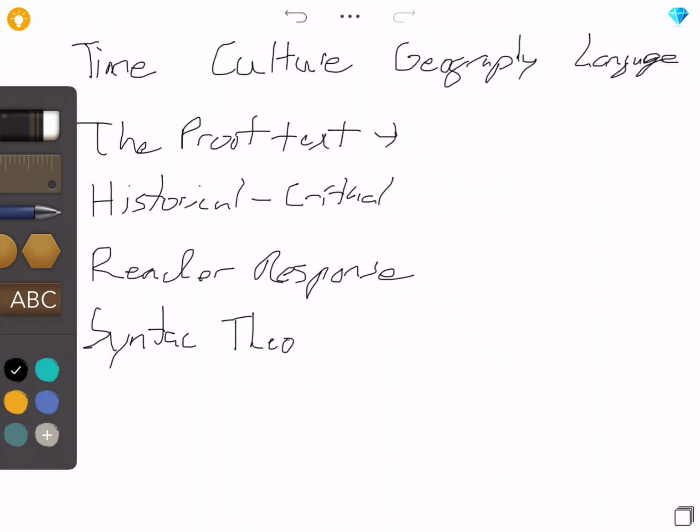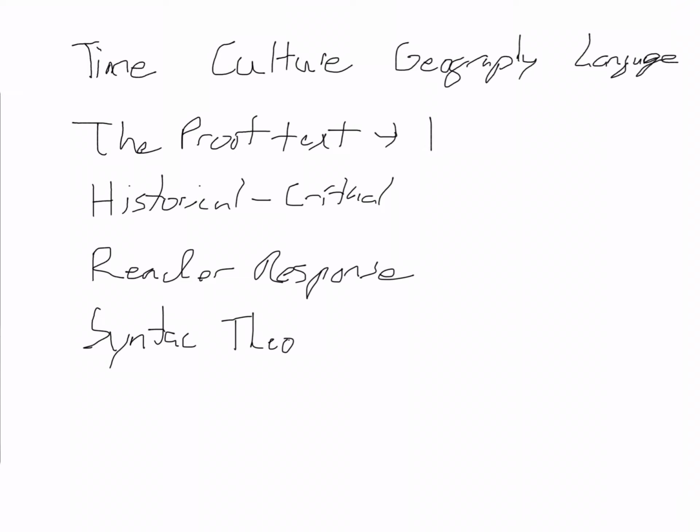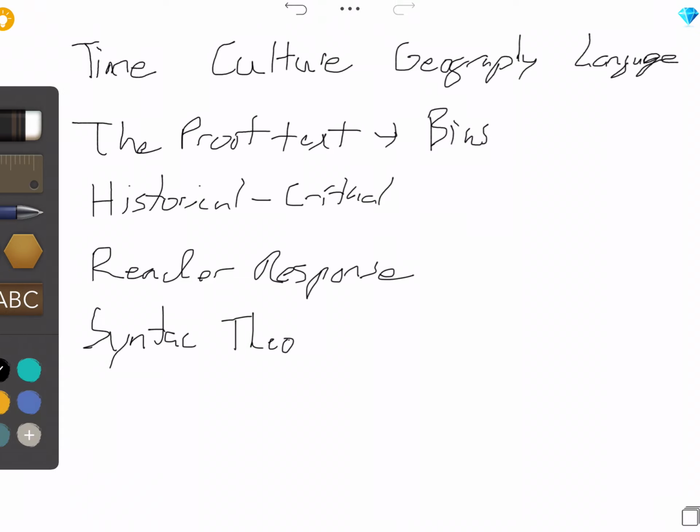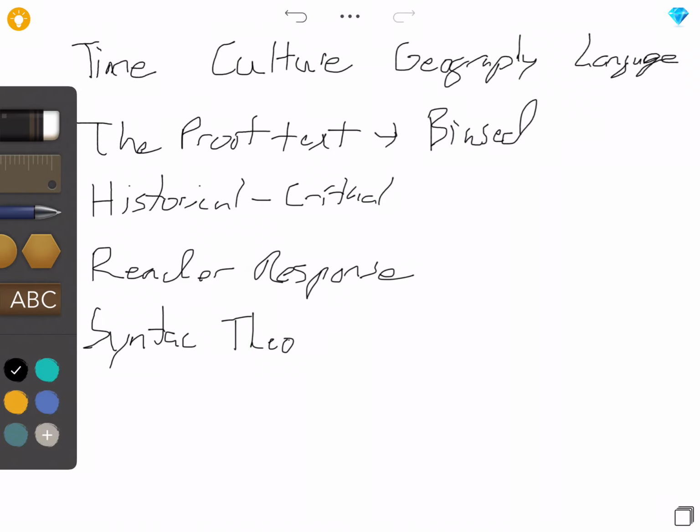So this is where they've come up with what they think Scripture means, and then try to find things to prove it. So this method is biased because it often takes texts out of context and tries to prove what it has already decided.